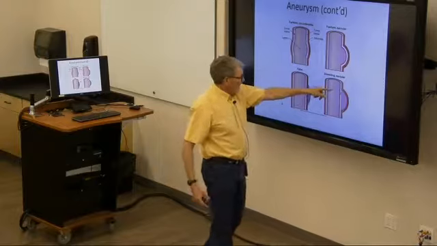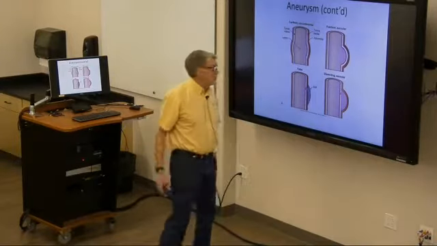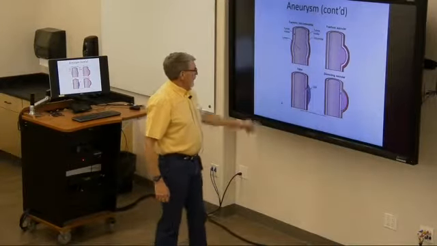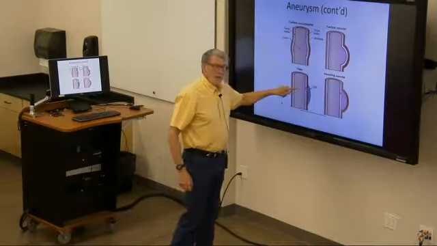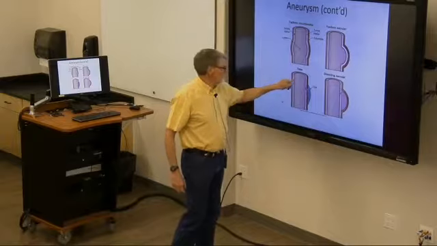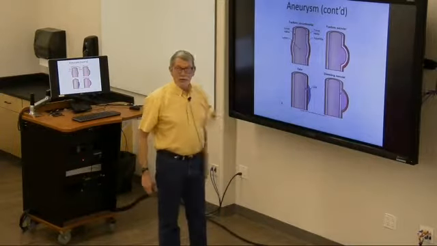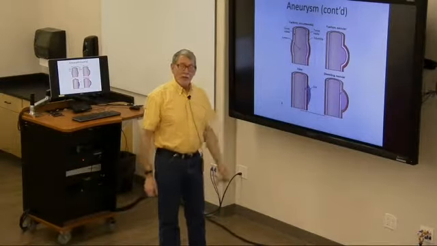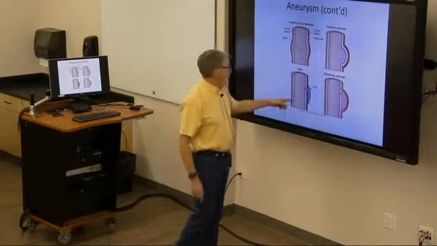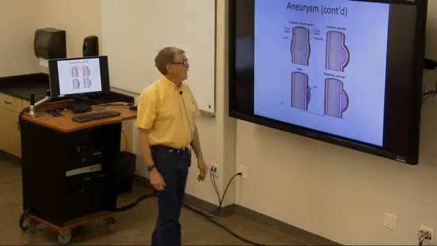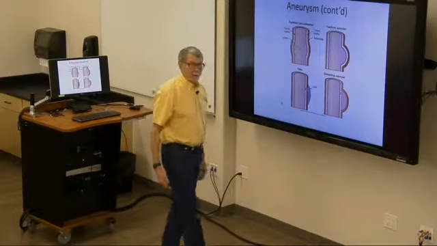Dissecting, now you're starting to actually break the connective tissue. And here, this is a false aneurysm. It was a broken blood vessel that formed a clot, and now if you look at it under an ultrasound or something, you'll see a bulge on the side of it, and you'll say, oh, this guy has an aneurysm. This may heal up just fine.